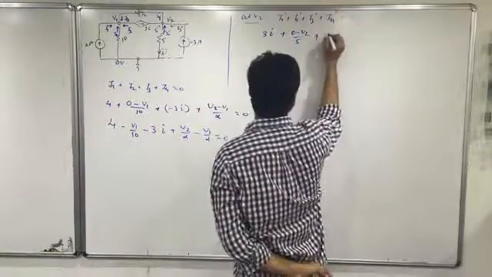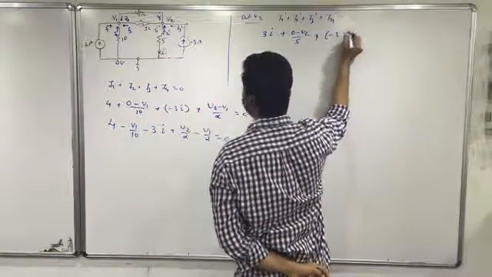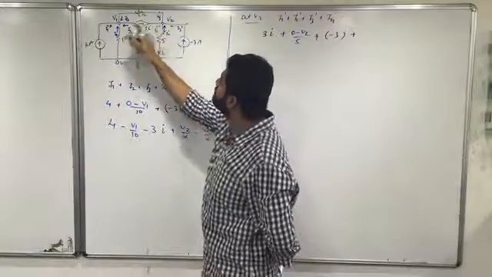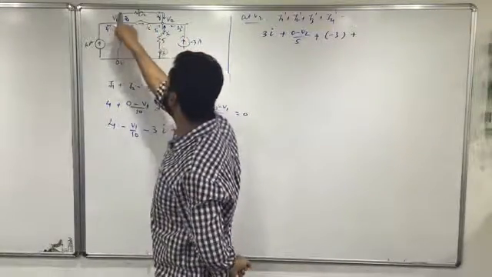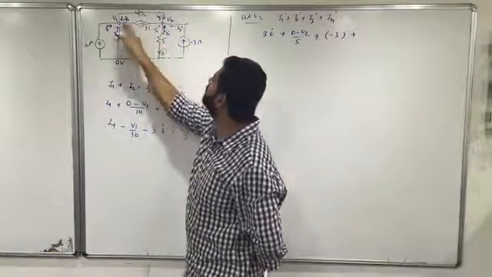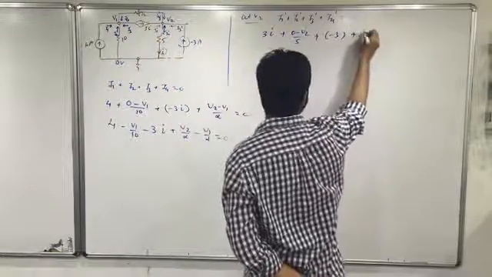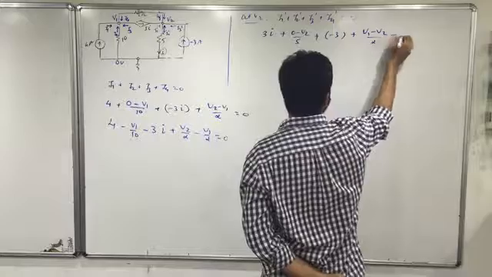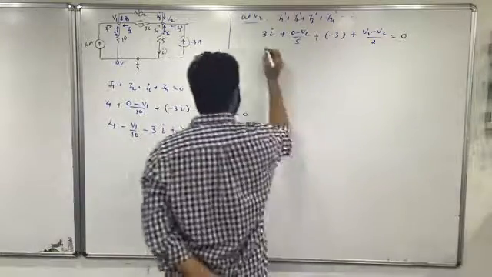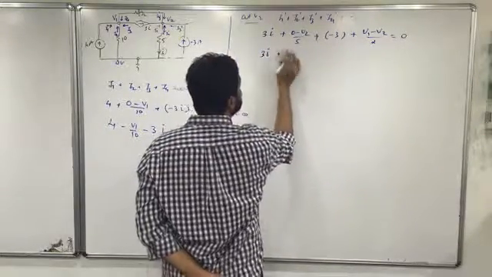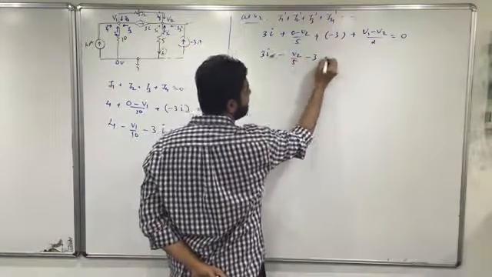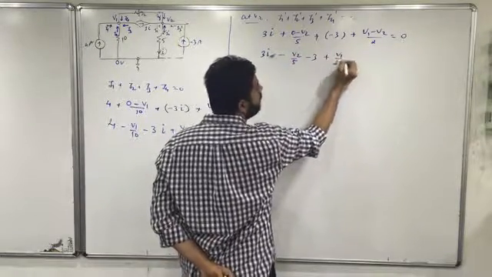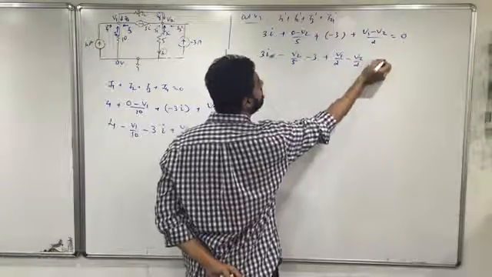Plus I4 dash is the current flowing this way, coming from here like this. So V1 minus V2 upon 2, which is equal to 0. So I can say that 3I plus minus V2 by 5 minus 3 plus V1 by 2 minus V2 by 2 is equal to 0.